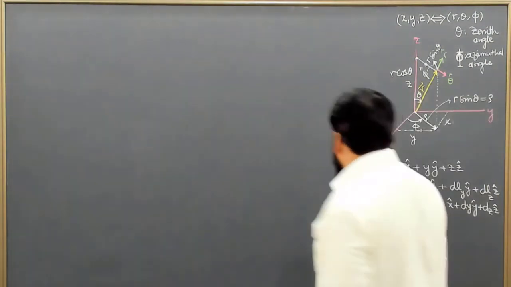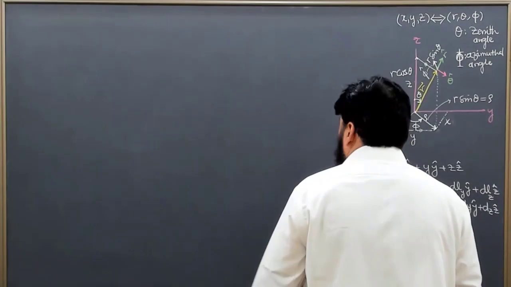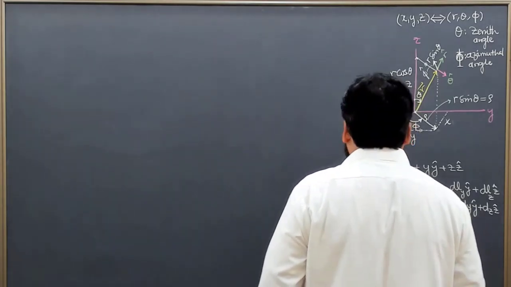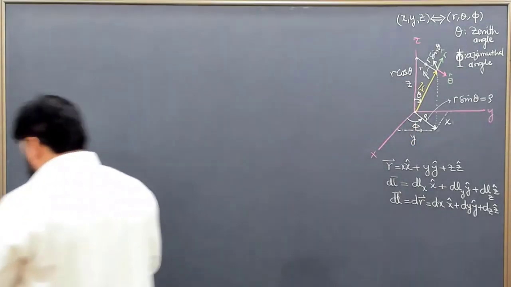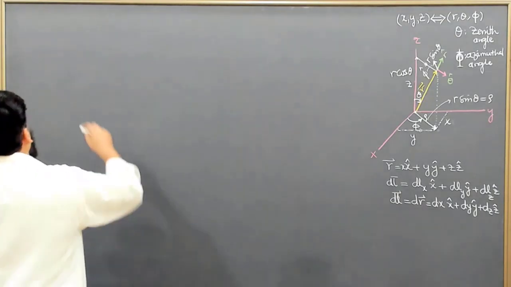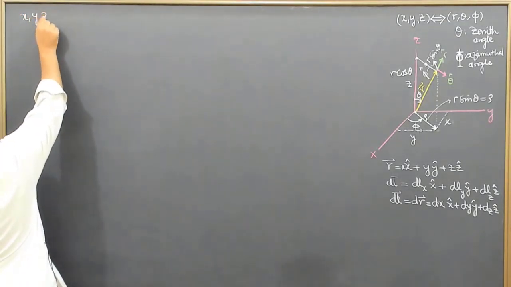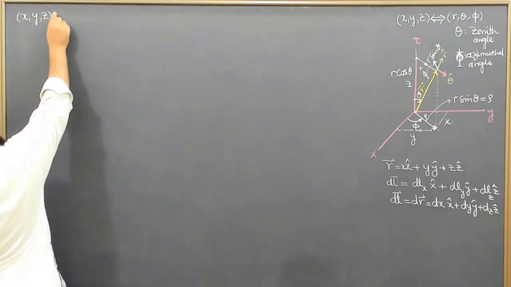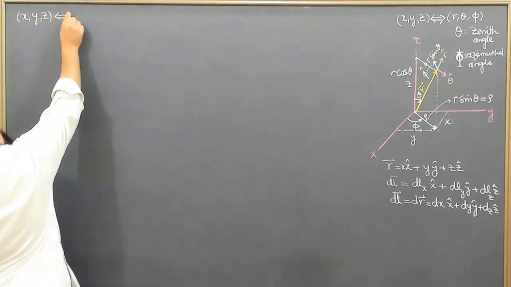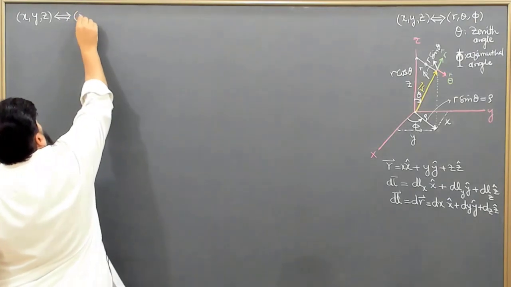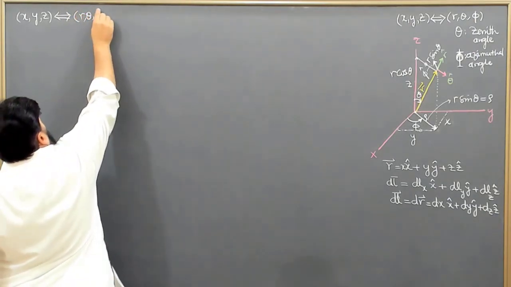Similarly, when we will be having the unit vectors like in the polar coordinates, then this is x, y and z, and this goes into r, theta and phi.